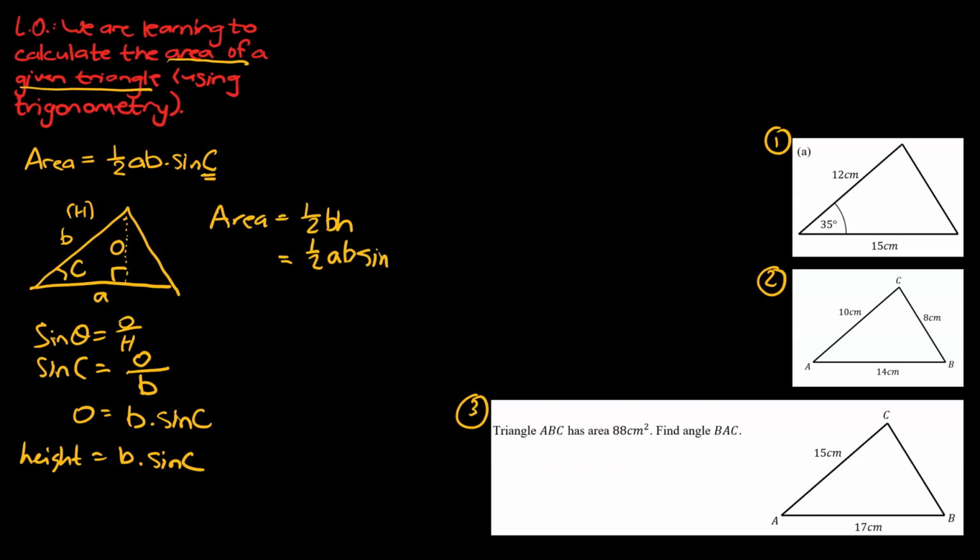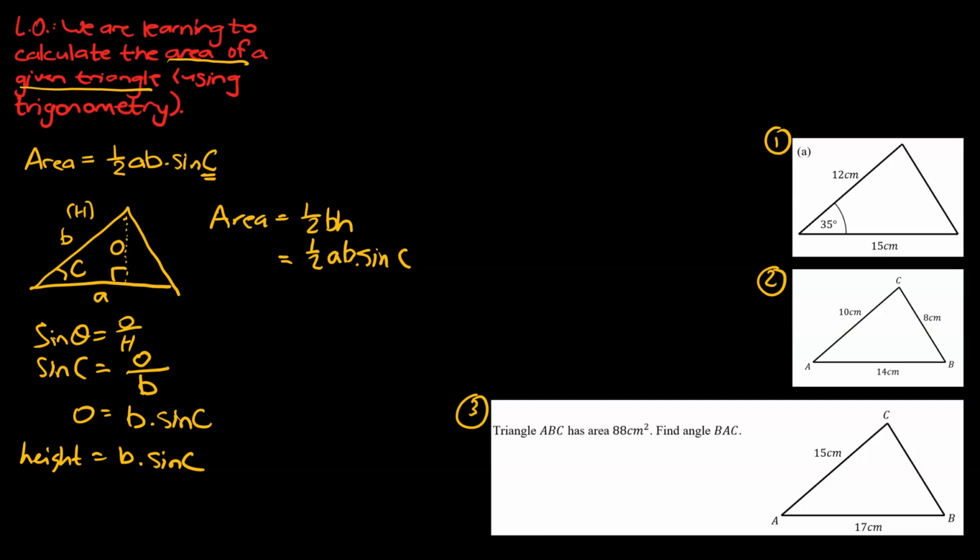If you reconcile that, there is our formula that we started off with, that we chatted about. So area equals 1/2 of A times B times sine big C.